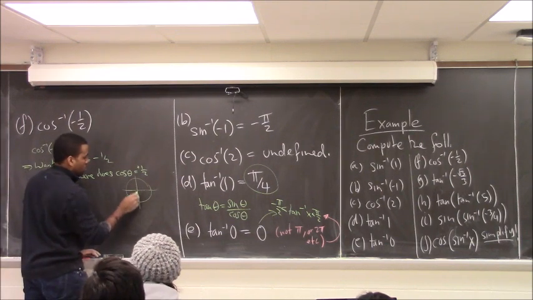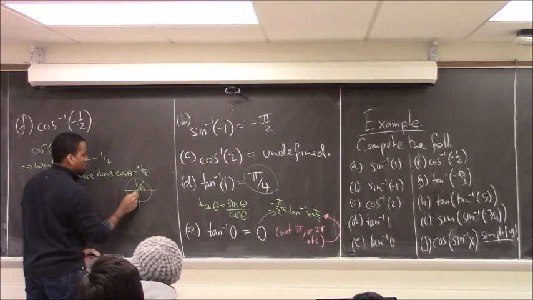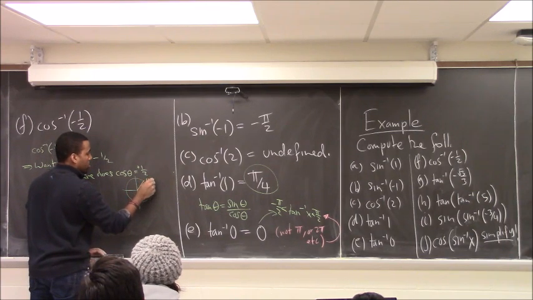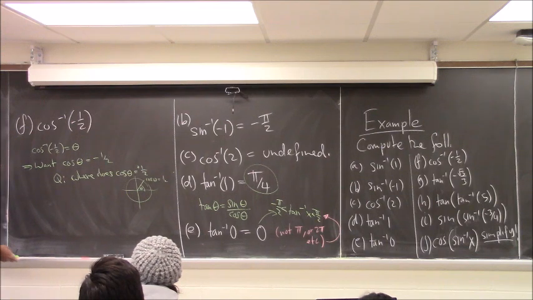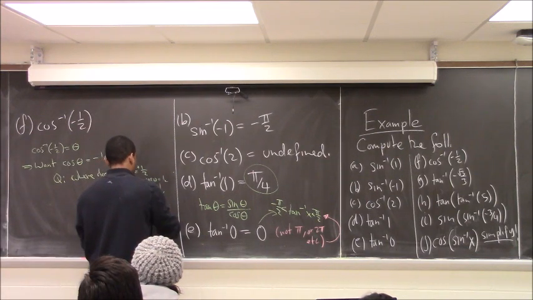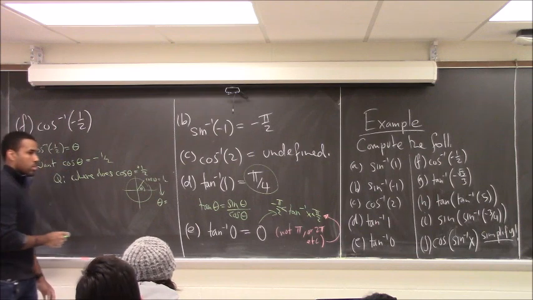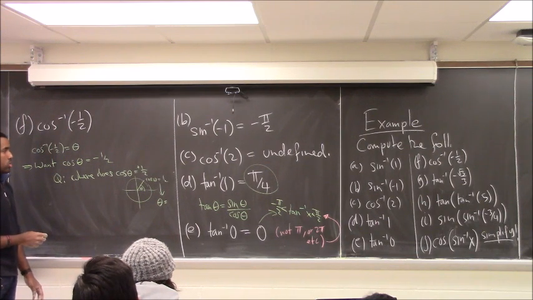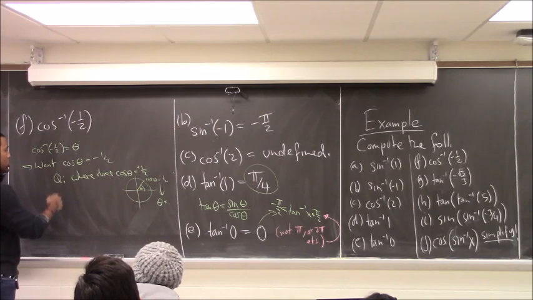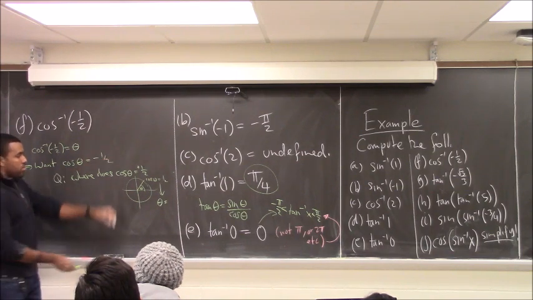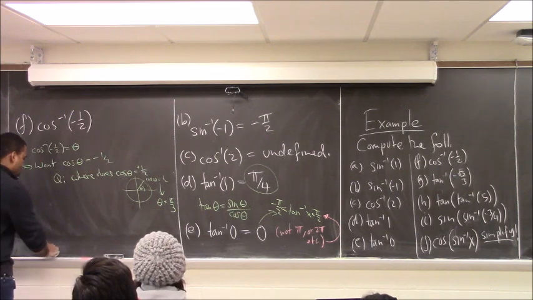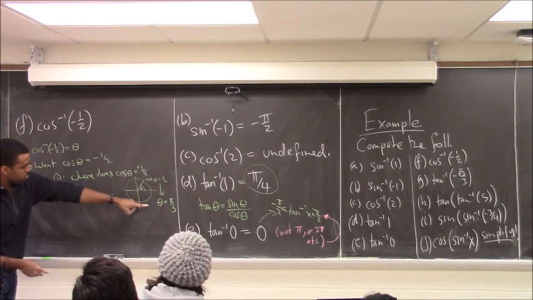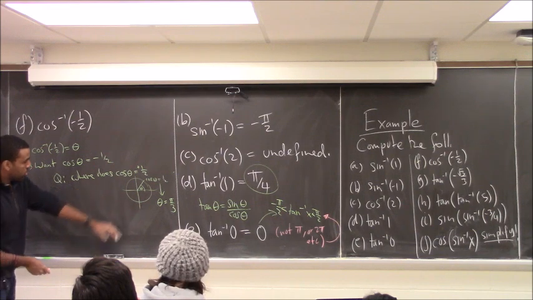Right? So there is some angle in the first quadrant where the cosine of this angle is going to give me positive a half. Now where does that actually occur? In the table, where does cosine equal 1/2? Remember the cosine goes 3, 2, 1. So pi over 3 is the angle that this would happen. But you don't want that, you actually want the reference angle for that in which quadrant?